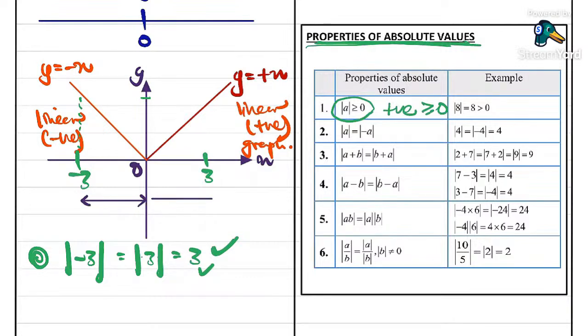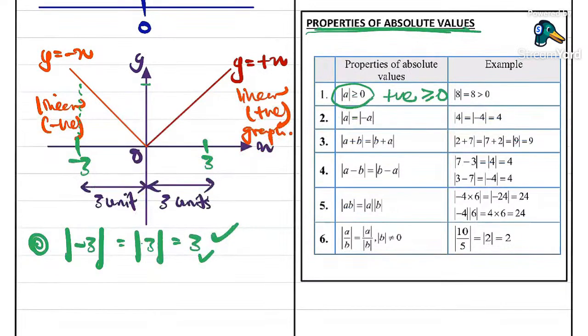The distance of x from this origin is 3 units. So basically, why does the modulus of x, or modulus of 3 or negative 3, always give you 3 units?